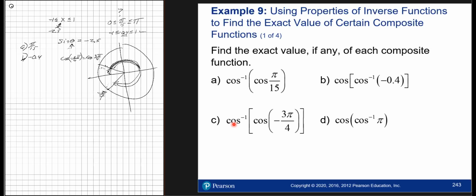And cotangent, okay. Cotangent inverse of negative square root of 3 is asking: the cotangent of theta equals the negative square root of 3.